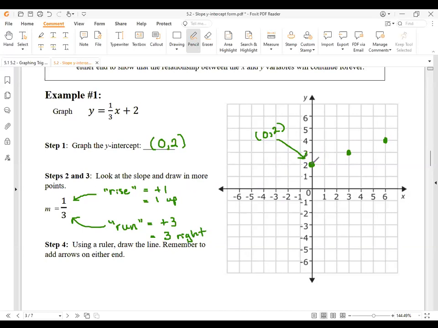So I'm going to do reverse. 3 to the left, down by 1. If I go up and right, I should be able to go down and left. And in doing so, I have with me a graph.